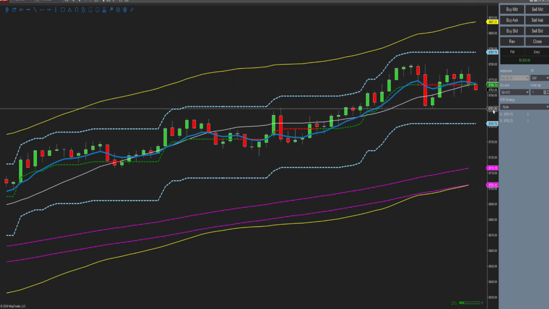Just late in the day. Let's see a couple more bars and what they're gonna do with this. Alright, 8 is getting ready to either get under the hold and the middle line, or the price is gonna pull it up. Let's take a look.